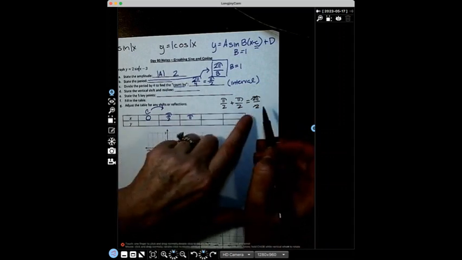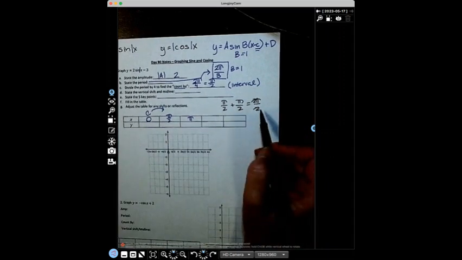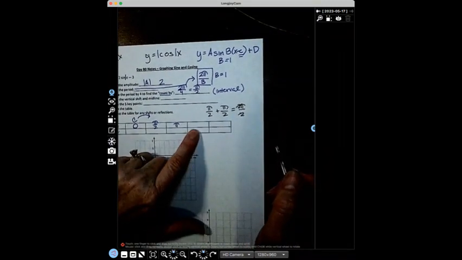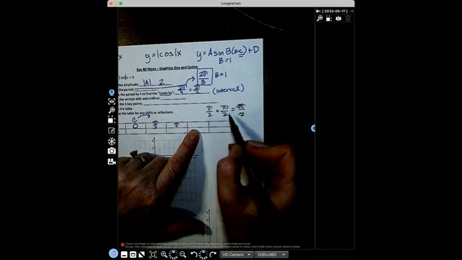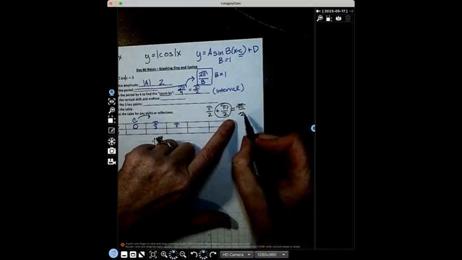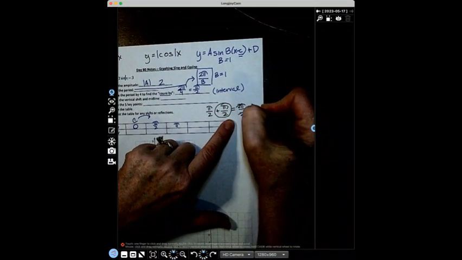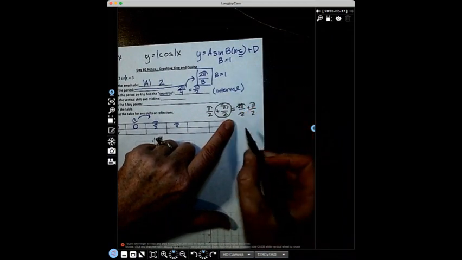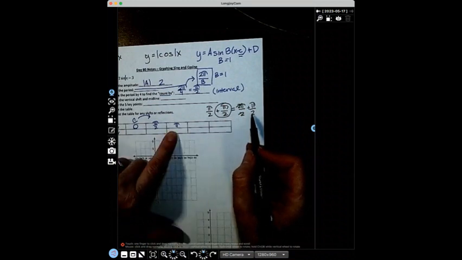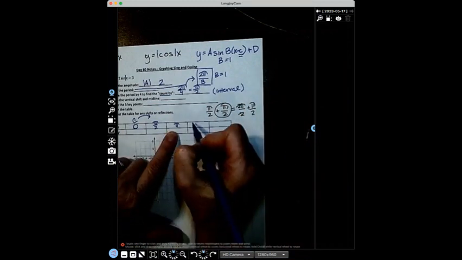Okay, so now, if I had 2 pi over 2 and I wanted to get my next x value, I add the interval. This is the interval, or the count by. So I have 2 pi over 2. I add another pi over 2: 2 pi over 2, or pi, plus pi over 2 gives me 3 pi over 2.